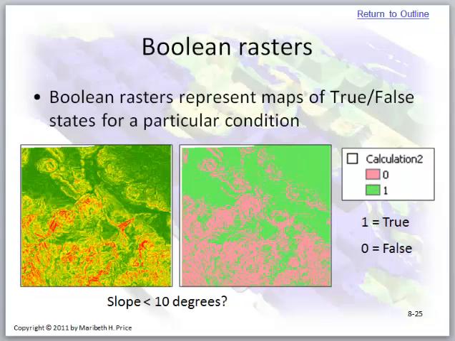Boolean rasters represent maps of true and false states for a particular condition. Where on this raster is the slope less than 10 degrees? Well, everywhere where it's green would be yes, that is true. Elsewhere would be a 0, which is false.